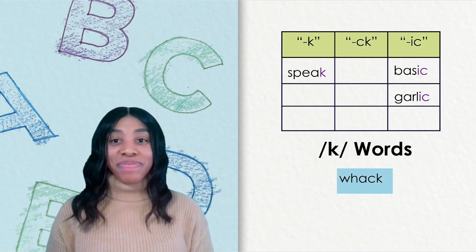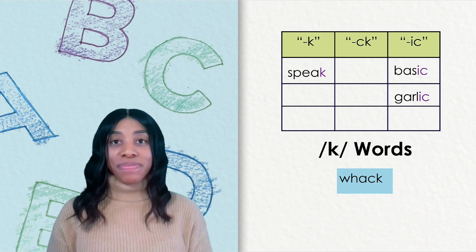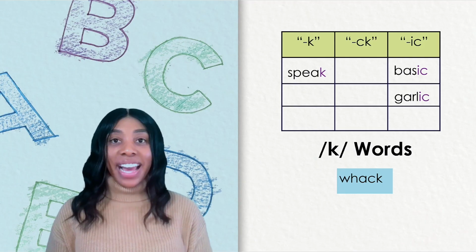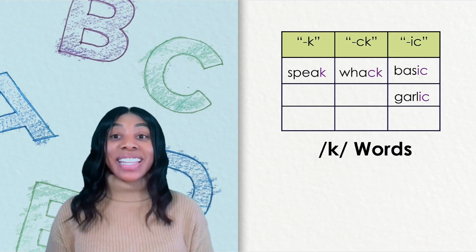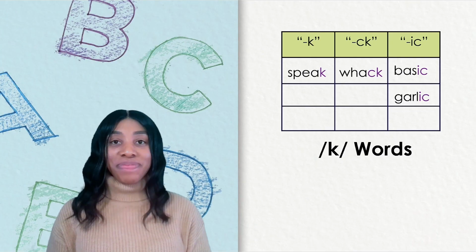Here's another word. Our next word is whack. Would whack go in the K, CK, or IC column? Whack would be placed in the CK column.